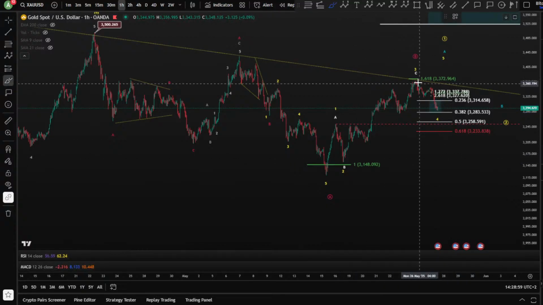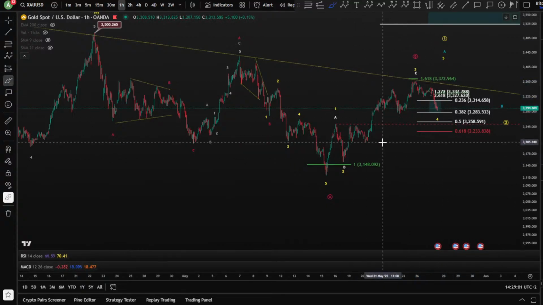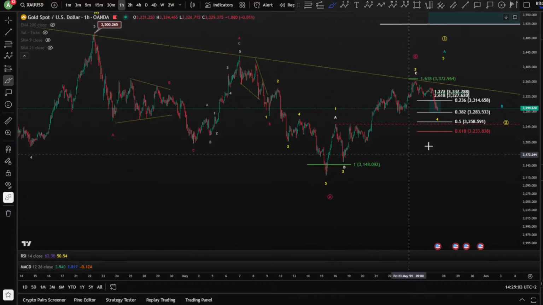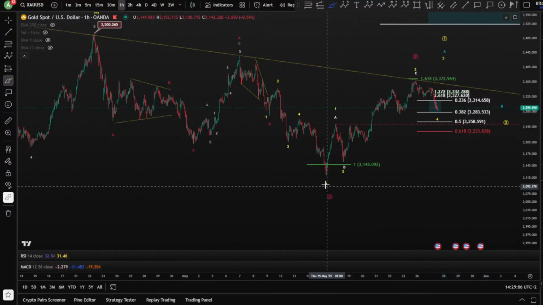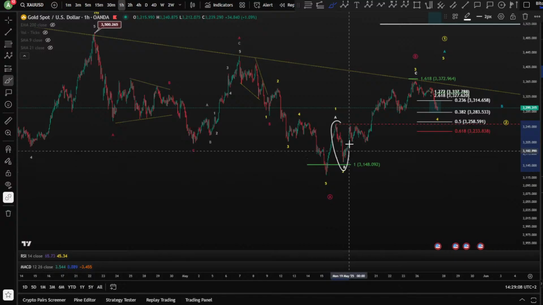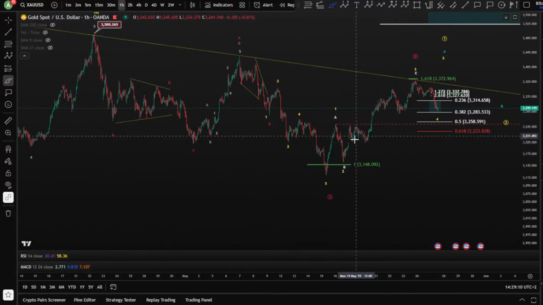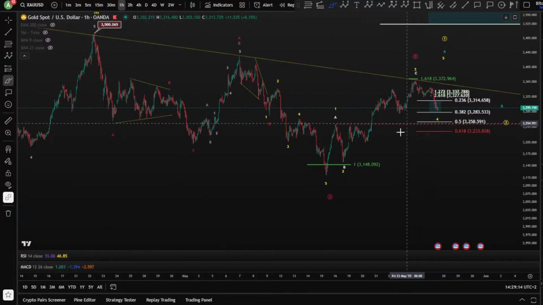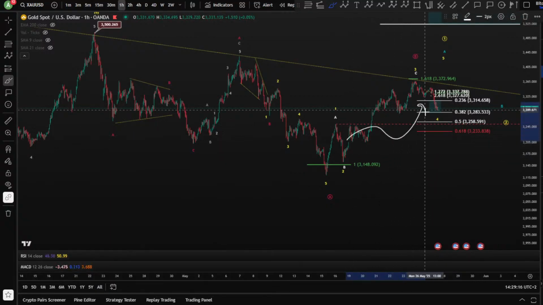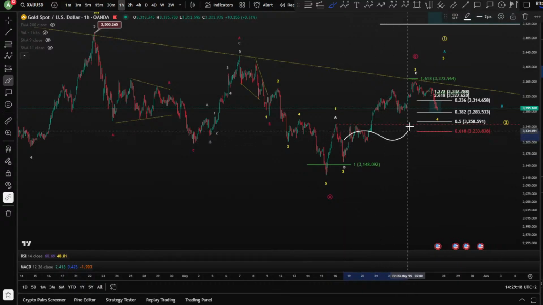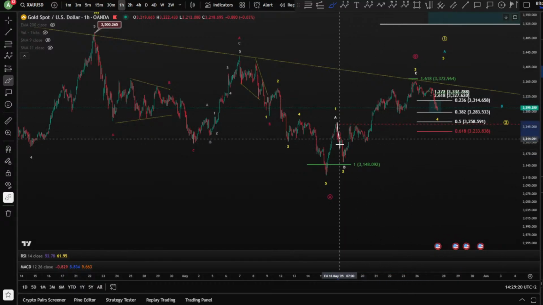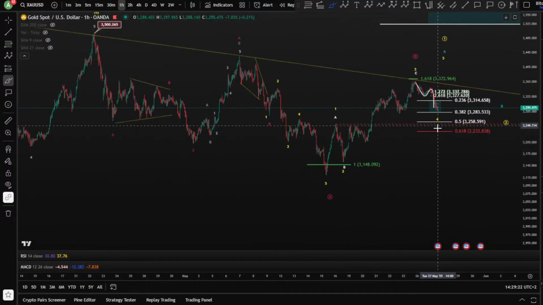And we finished a very clear correction, ABC, before hitting the 0.38. Now, my problem with it is that the wave 2 is deep and the wave 4 is deep, which gives me the idea, okay, be careful. There is not so much alternation here because both are zigzag.